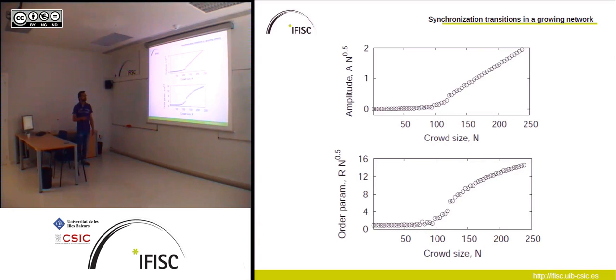The amplitude of the bridge is 0 for low values of the crowd, and at the same time the bridge starts wobbling and people start to be more and more synchronized. As I said, the order parameter is the sum of the complex phases of the oscillators, so it means that here you have more and more elements synchronized in the system.